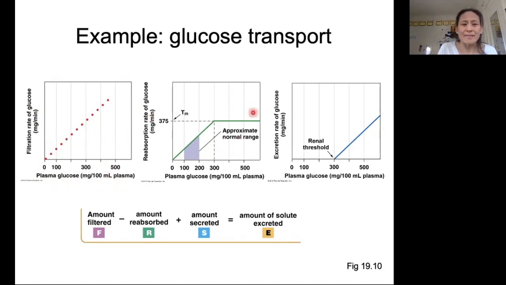If we take that and we subtract the reabsorption rate of glucose from this graph, so we're taking this graph minus this graph, then we end up with this graph here, which shows you the excretion rate of glucose, okay? Another way to think about this is that once your filtration rate gets above your reabsorption rate, that's when you start to see glucose being excreted.